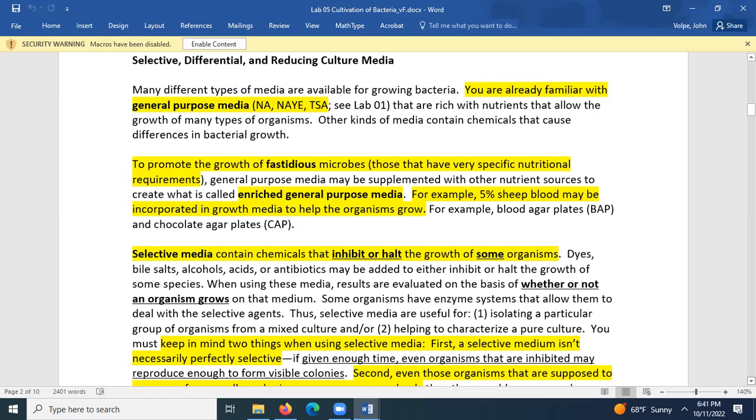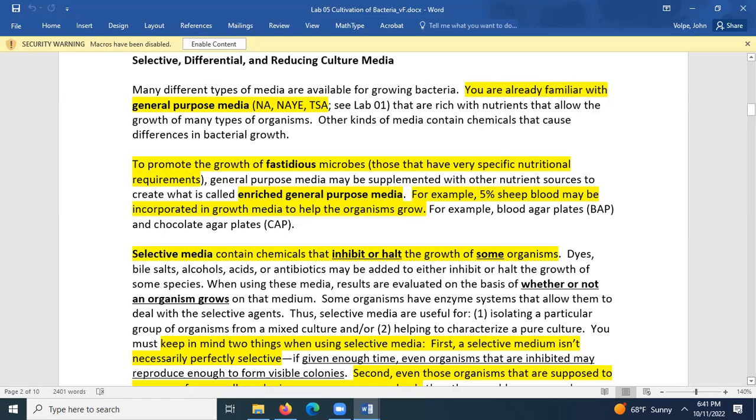To promote the growth of fastidious microbes, those that have very specific nutritional requirements, we have to grow them on enriched media. And we usually call that enriched general purpose media.